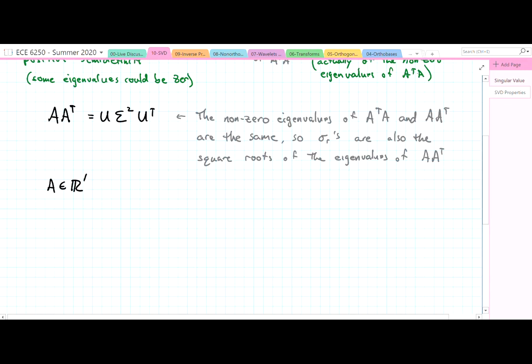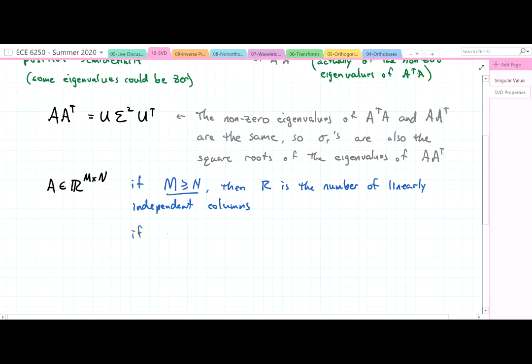So we have A is m by n, and in general, if m is greater than or equal to n, then R is the number of linearly independent columns, and if m is less than or equal to n, then R is the number of linearly independent rows.